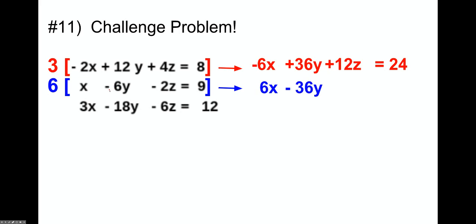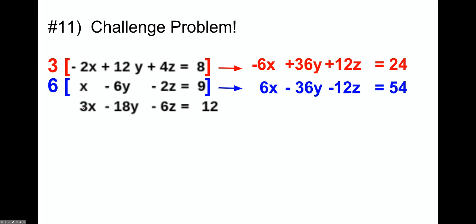So it's negative 36y. 6 times 2 is 12, but there's a negative right there. So it's negative 12z. Last one, 6 times 9 is 54. And so that's the answer for that one.